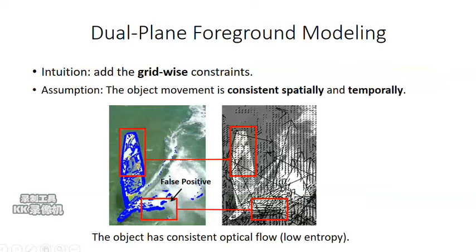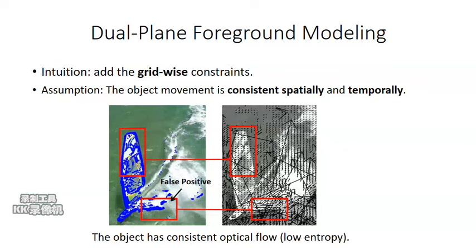Based on the above discussion, our intuition is to add the grid-wise constraint. We make the assumption that the motion of our moving target should be smooth spatially and temporally. Look at the left image. The waves are misidentified as moving objects.